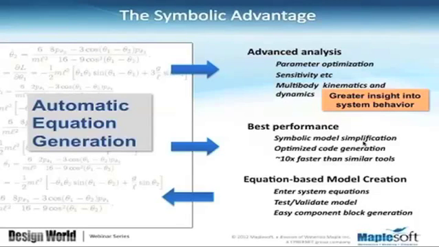This can be used for things like analysis within the Maple environment, as I mentioned earlier. But because these are very concise representations, we can get the best performance, not only in terms of the simulation within the MapleSim environment, but also from our optimized code generation. So we generate C code of the models that have been developed, which can give us a very significant speed up over similar tools.